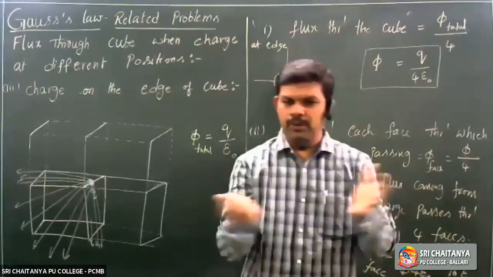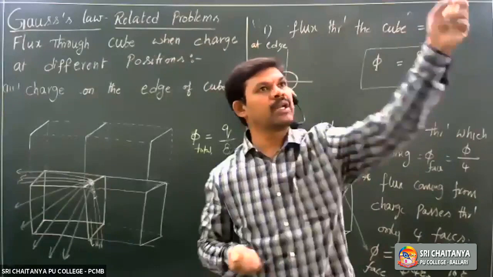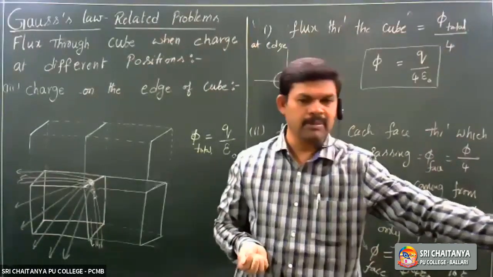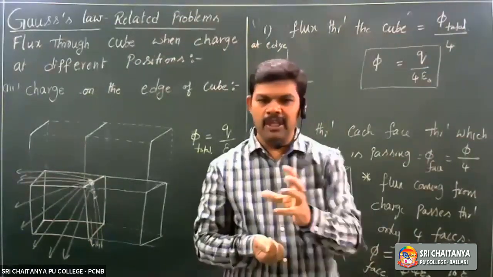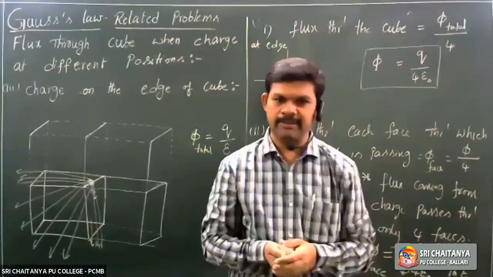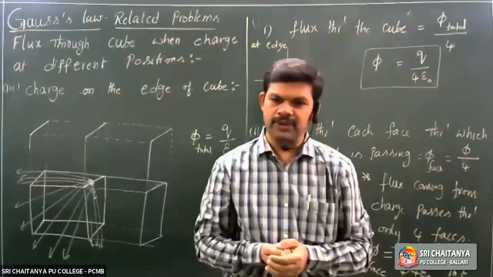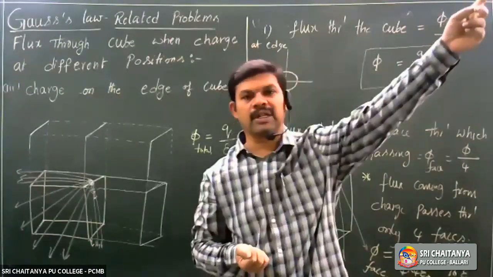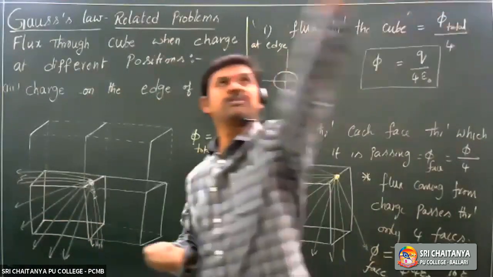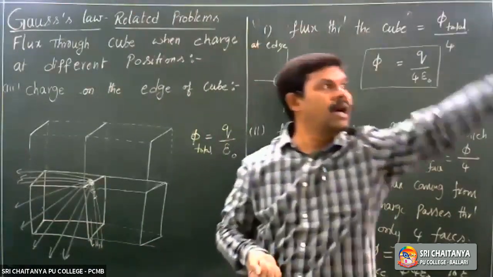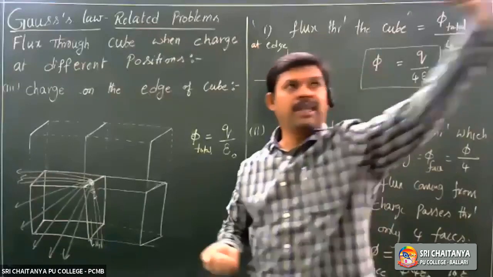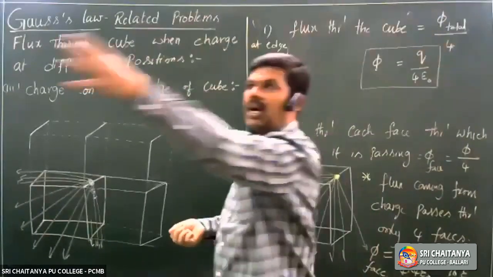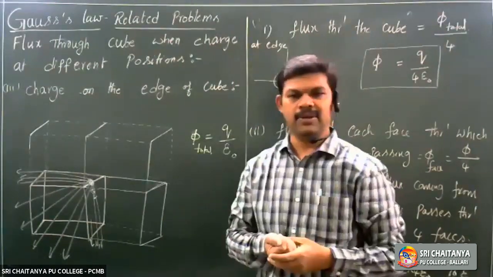Imagine that you are in a room. Take any one corner, the corner at the bottom or corner at the top. Imagine you kept the charge there. You draw the lines of force. If you imagine the corner there, lines of force come parallel to the upper face and that side face. And when they are coming like this, they pass through other 4 faces. Right?